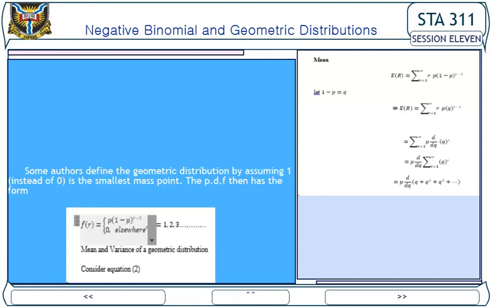Mean and variance of a geometric distribution. Consider equation 2. Mean. Let 1 minus P be equal to Q. E of R is equal to, but Q plus Q squared plus Q raised to power 3 plus, is equal to Q into bracket 1 plus Q squared plus Q raised to power 3 plus, bracket closed.